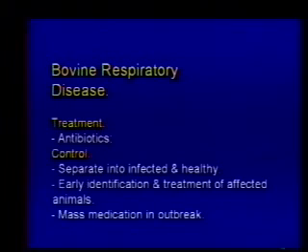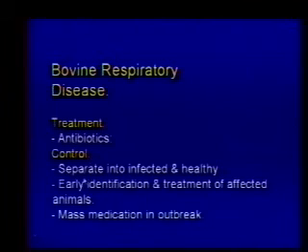And the key to this condition is its control. As it often is in food animal medicine, control or prevention of the disease is more important, at least from an economical perspective, than treatment.